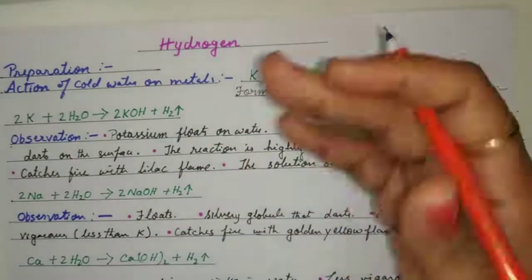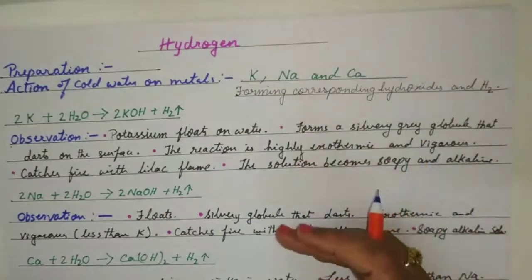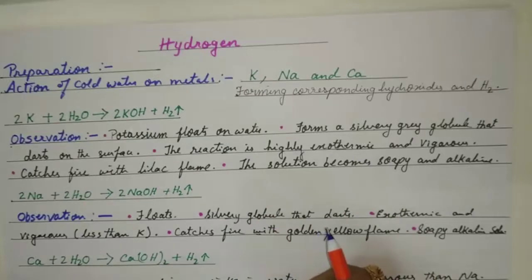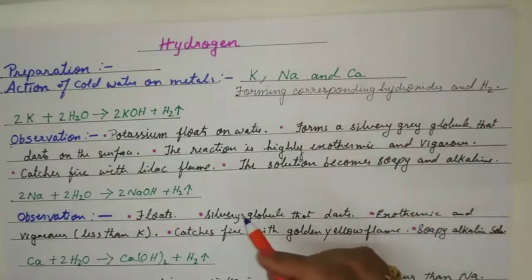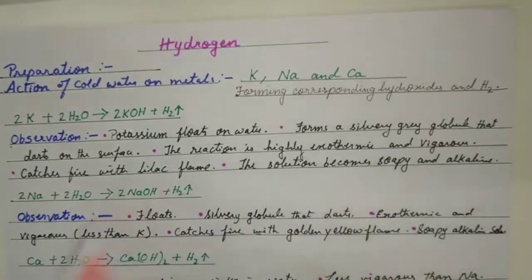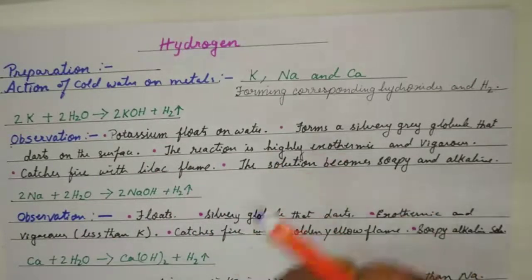A metal higher up in the series will be able to displace the metal below it, because the upper one is more reactive. Like zinc, when you react it with dilute HCl, it will give you salt and hydrogen, ZnCl2 and hydrogen. But will copper react? No, because copper will not be able to displace hydrogen as it is below hydrogen.